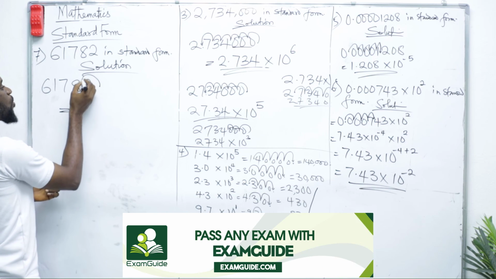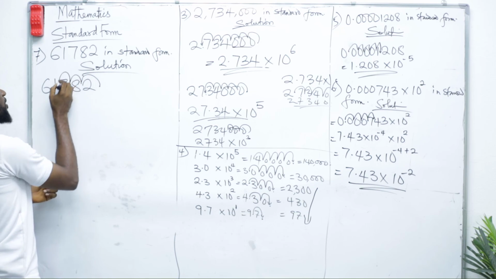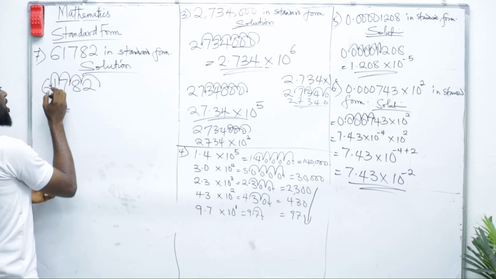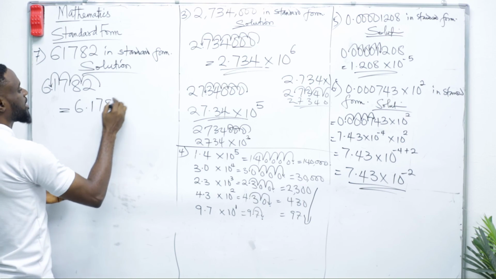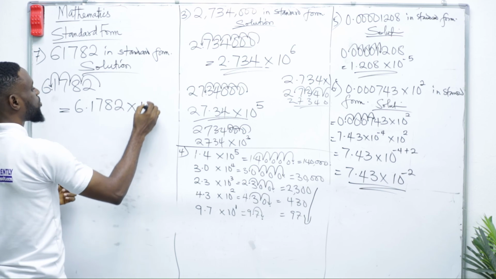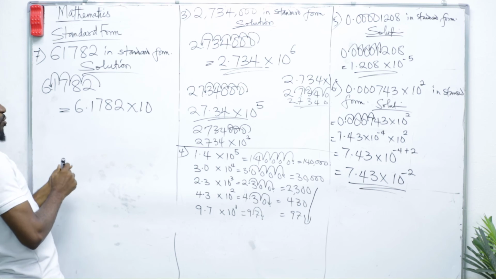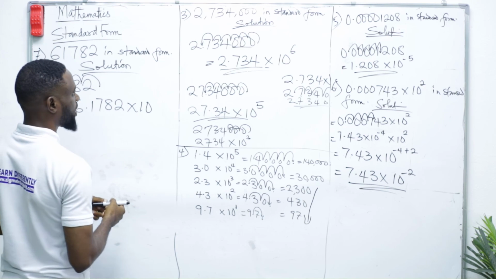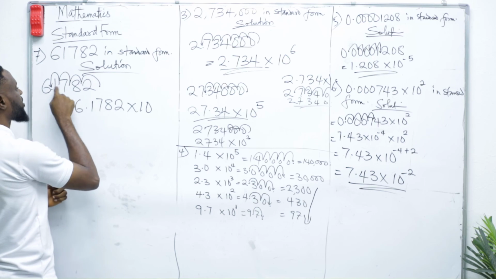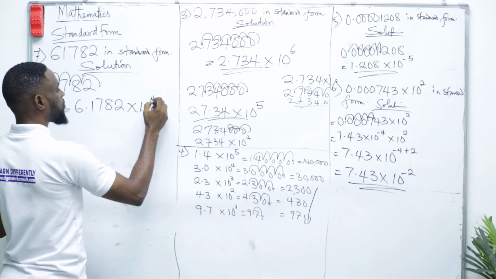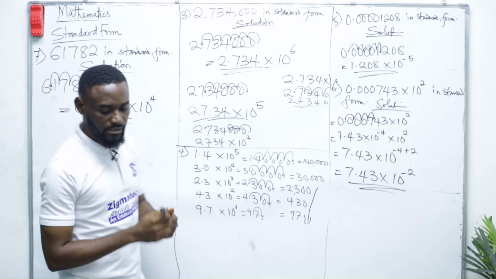We're moving it 1, 2, 3, 4. Are you with me? So this will be 6.1782 times 10 raised to power. Remember, moving backward, our index should be positive. So this will be 1, 2, 3, 4. So this will be raised to power 4. That is the answer to that.